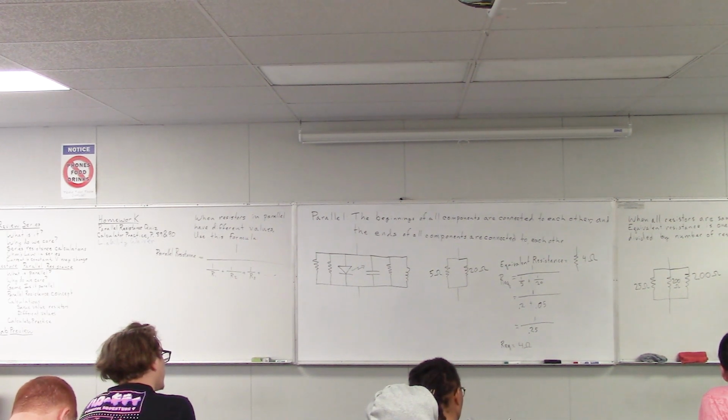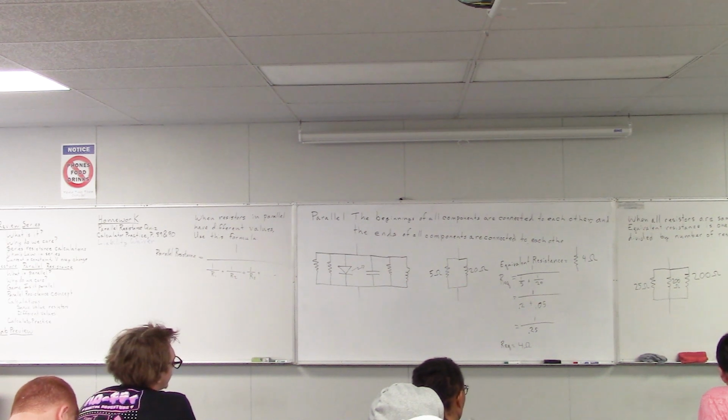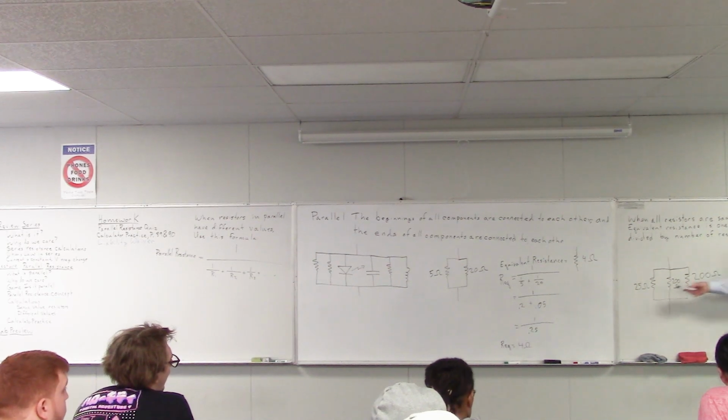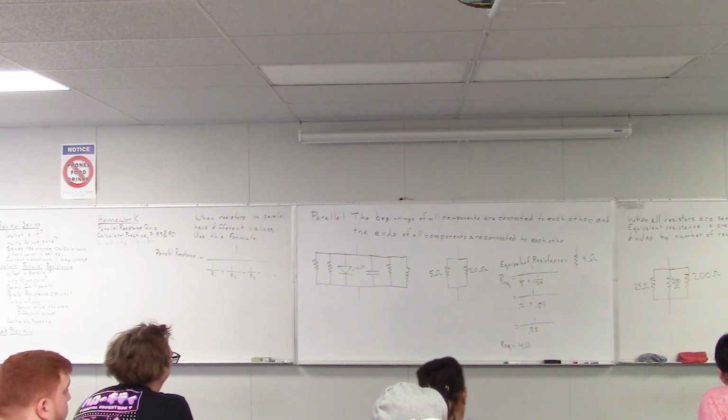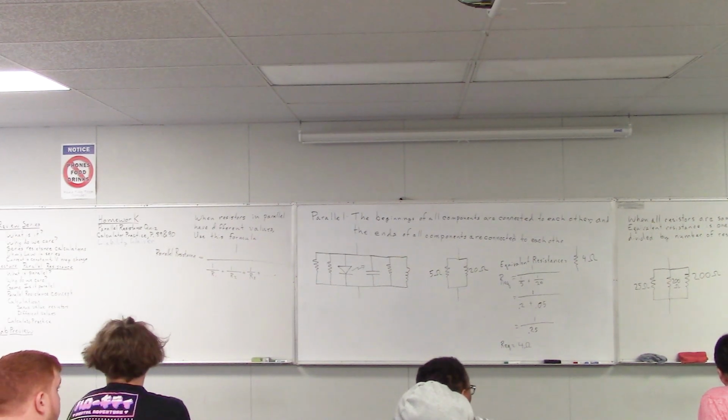So what's 1 divided by 0.05? 20. So the equivalent resistance by our calculations is 20 ohms. Is that less than what we said it should be? Yeah, we said it should be less than 25, came out to be 20. So it passes our check there.